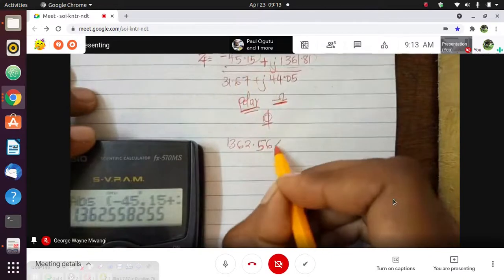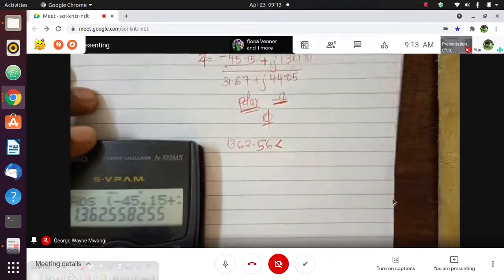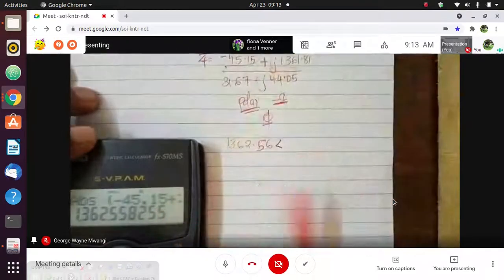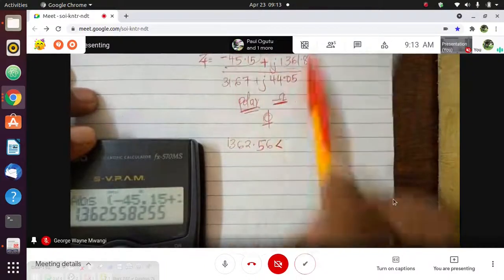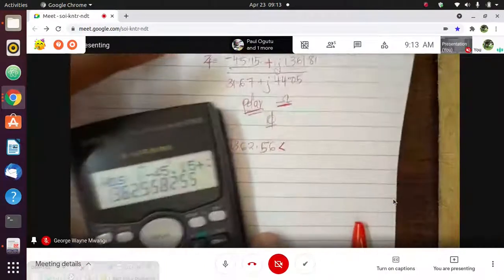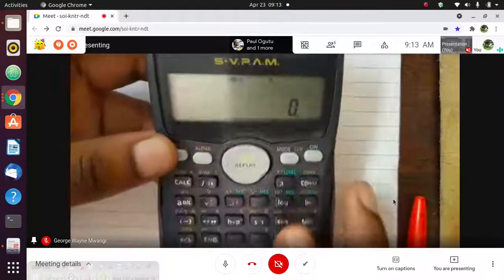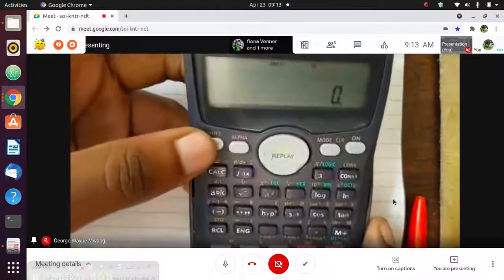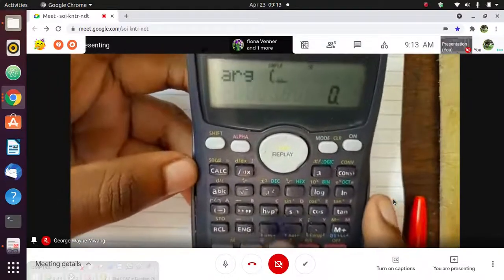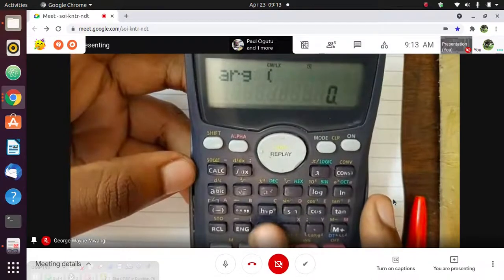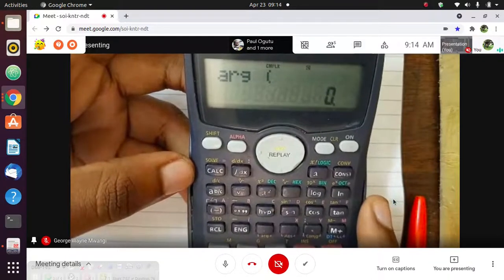Now we want to find the angle of this complex number. We do the same as we did with the absolute, but now we press shift and argument. We use argument to find the polar angle.